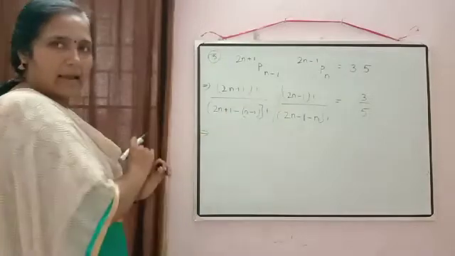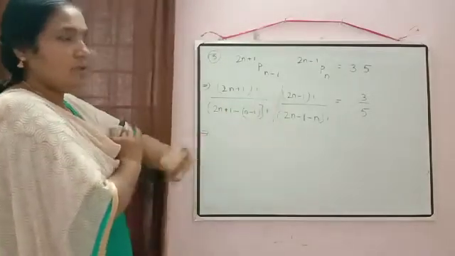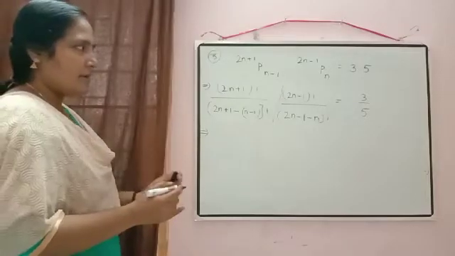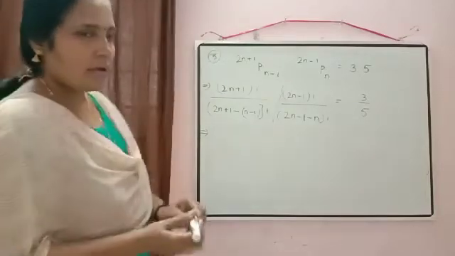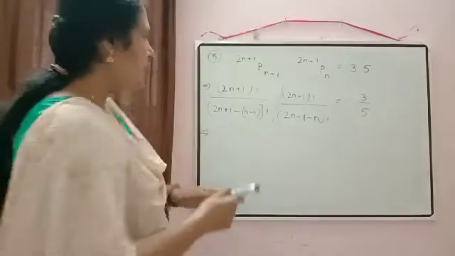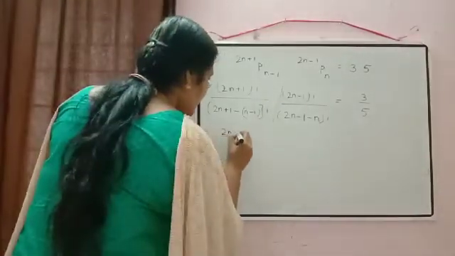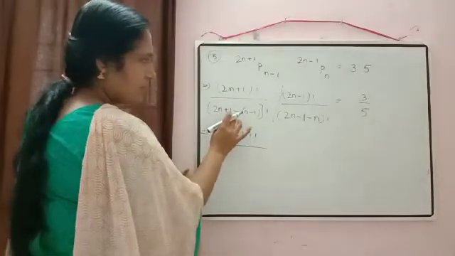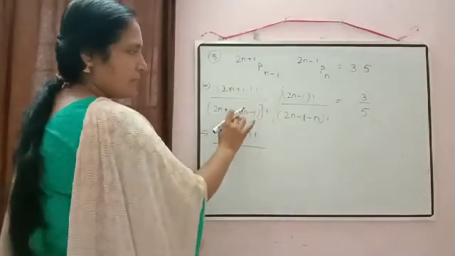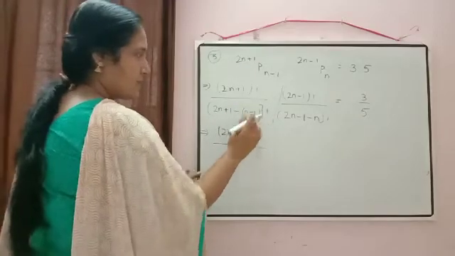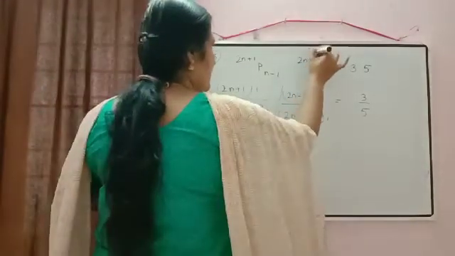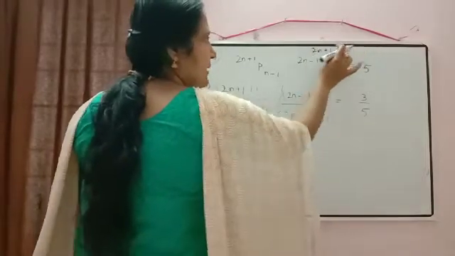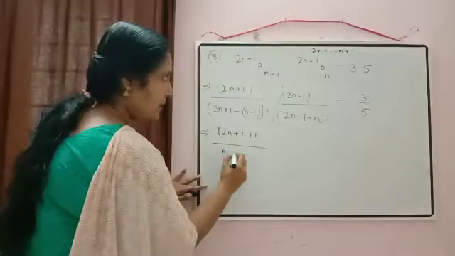Now we'll open the bracket and change the division into multiplication. So first it will come (2n+1) factorial by (2n+1) minus (n-1), which on opening the bracket gives minus n plus 1. Correct? So it will come 2n+1-n+1, so 2n minus n will be n plus 2.